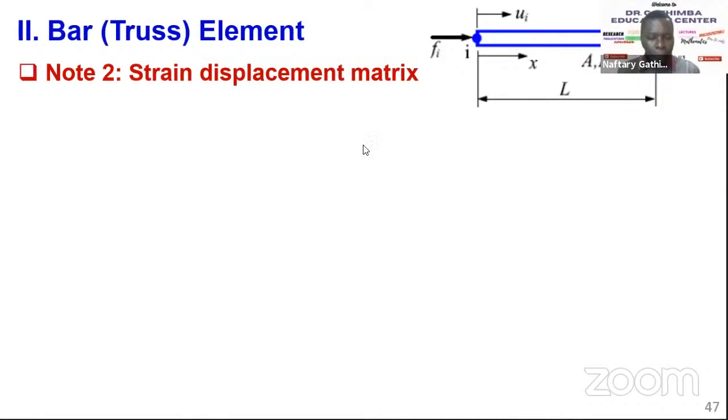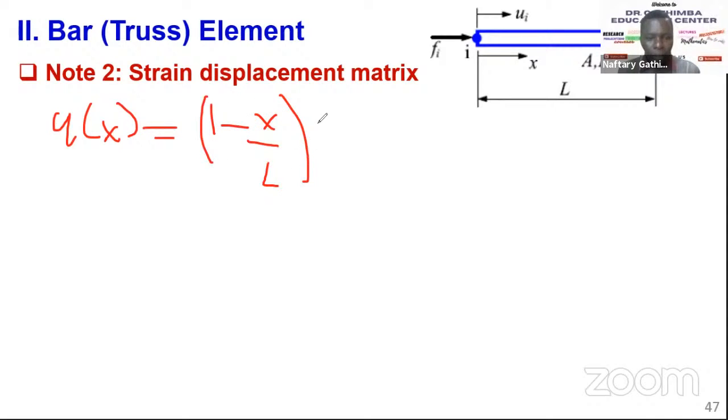So if you have our displacement equation, u(x) is equal to (1 minus x over L) u1 or ui, plus x over L u2 or uj. This is what we had in the previous slide. Okay, this is the displacement.